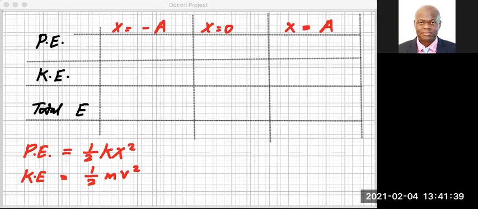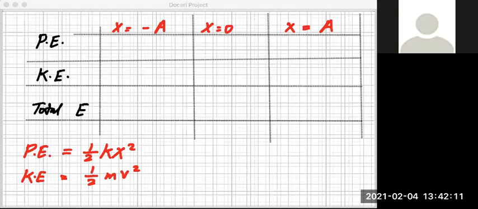So at the negative amplitude, your value of x is what? The amplitude is simply A, right? So let's say the amplitude was 10 units. So at the left-hand side, the value of x will be -10. And on the other side of equilibrium, the value of x will be 10, okay? So I'm just going to replace x here by -A. What is (-A) squared? 100.